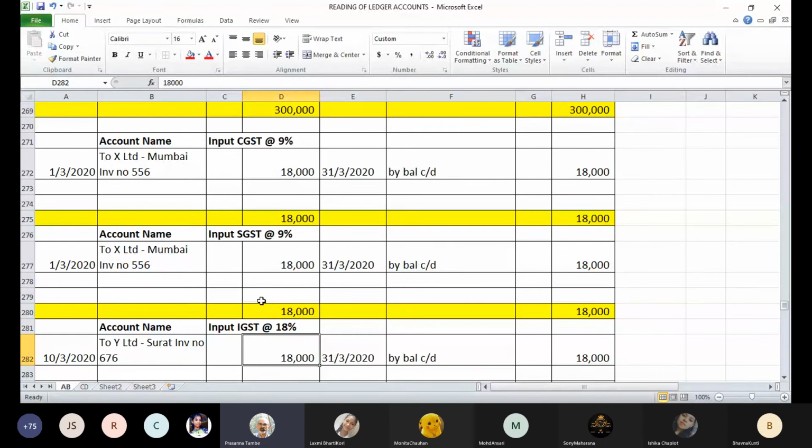Whereas the input SGST and input CGST accounts are real accounts, because based on these you can claim a set-off, or input tax credit, which we will not discuss now. Therefore these are considered real accounts in the balance sheet, whereas the purchase account is a nominal account. Have you understood what we discussed today?